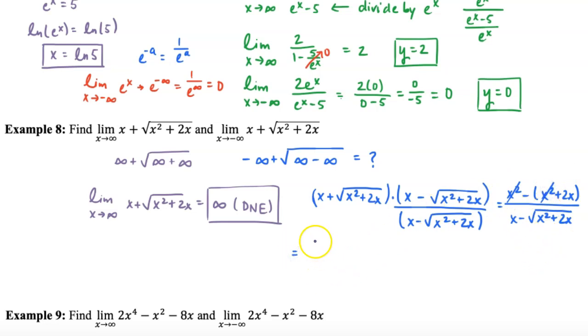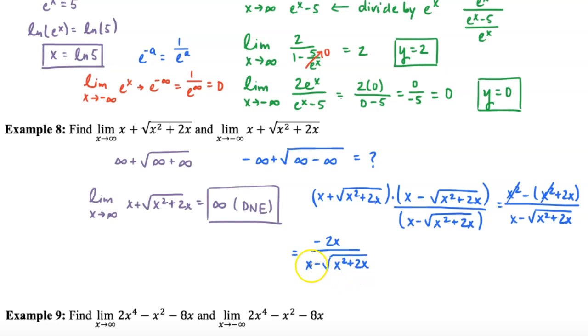So this is going to give me negative 2x divided by x minus the square root of x squared plus 2x. Let's think about what would happen when I throw a really large negative number inside of this expression. Well, my numerator is going to be negative 2 times negative infinity. All right, that's a positive, infinitely large number.